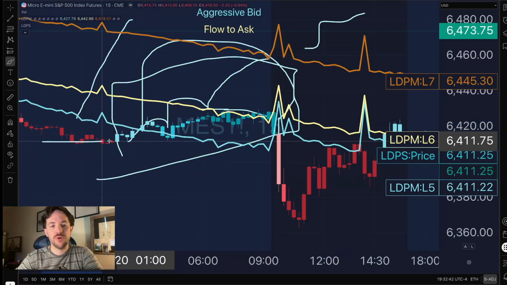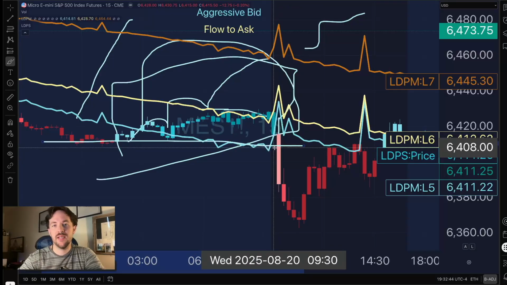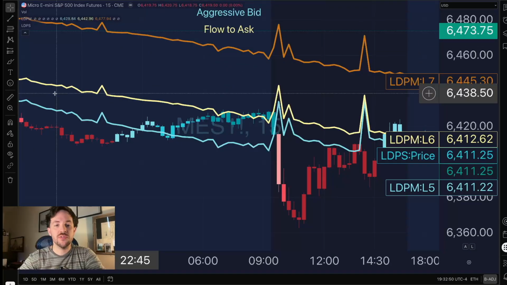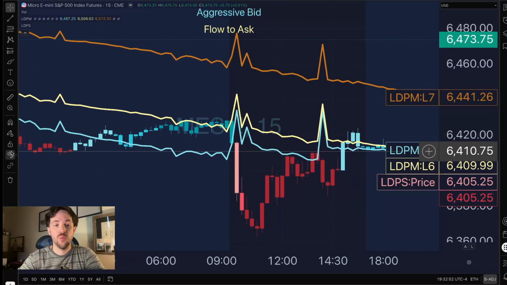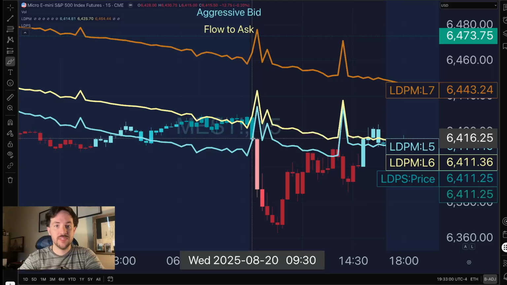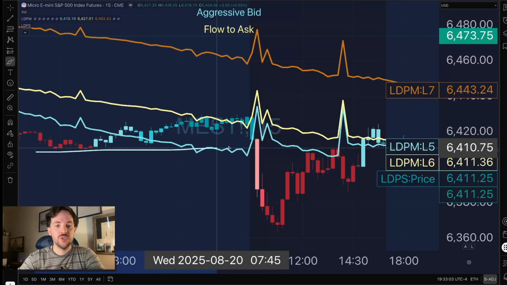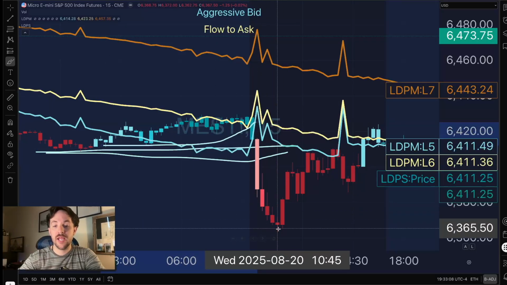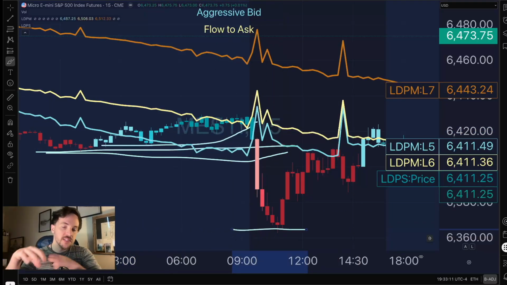And note that price not only reverts, as in our general definition of a bull trap, it reverts back to below where it was, rapidly, in the span of, I'll say, one candle. So we've fallen below where we were when the bull trap started, and we continue down lower. That is the quintessential hallmark of bull traps and bear traps, especially when you locate them using LDPM and LDPS.